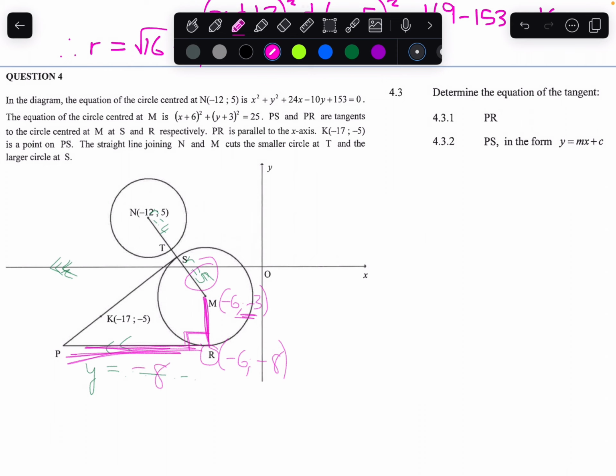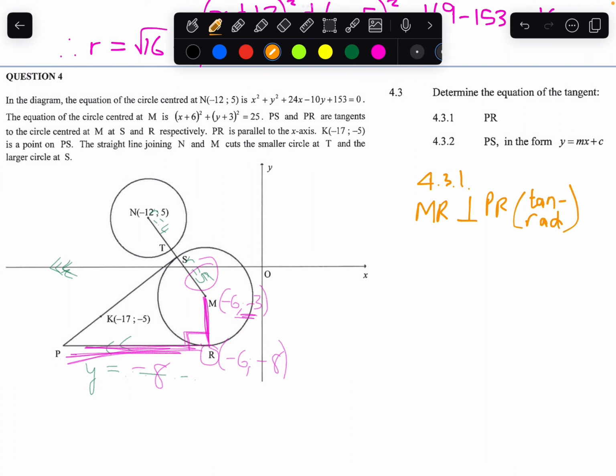So let's just see if we can write that a bit more formally. Okay, so we know that MR is perpendicular to PR because of tan rad.